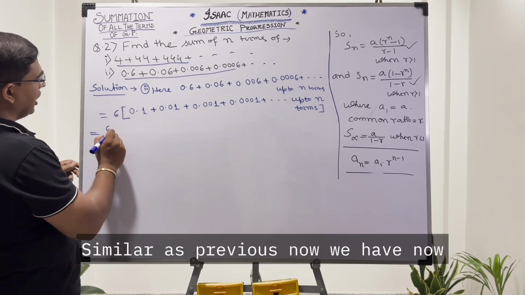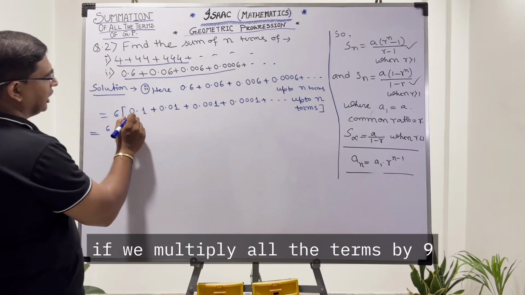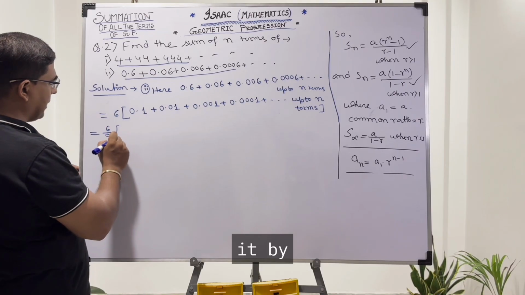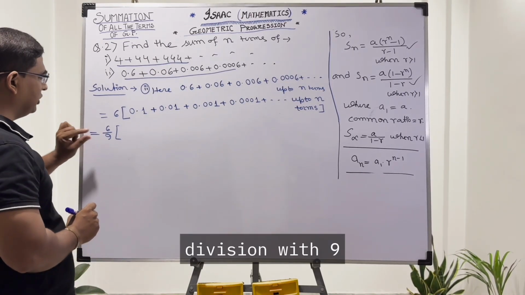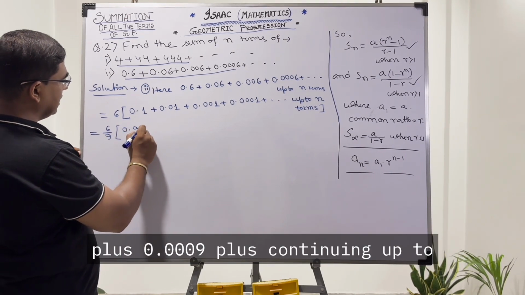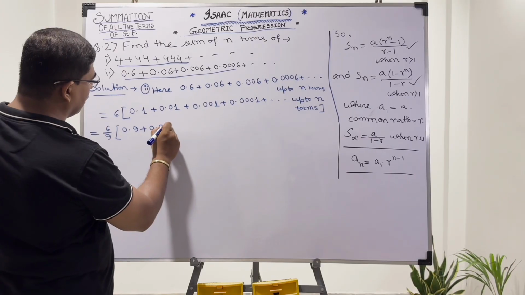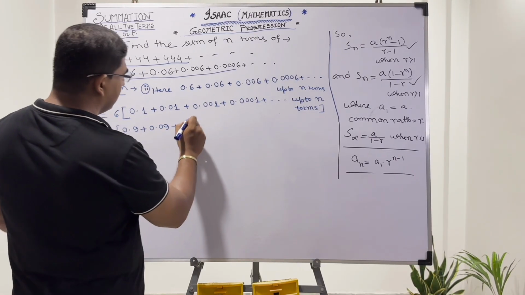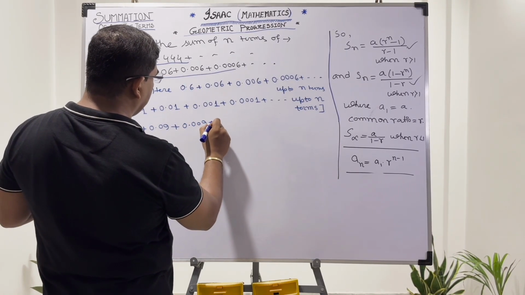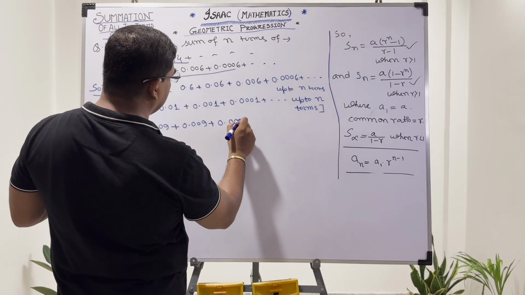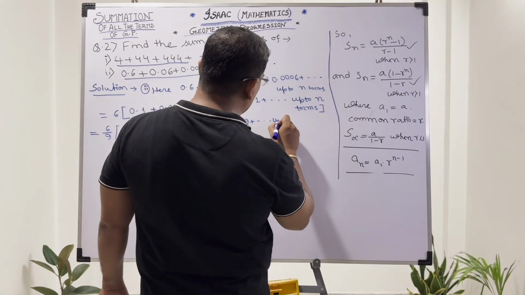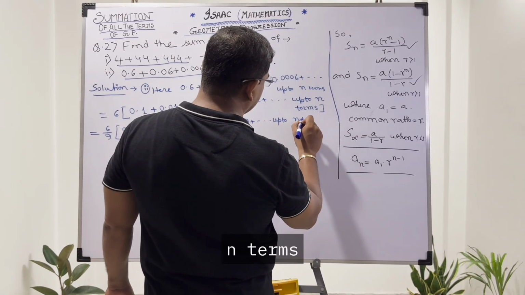Similar to the previous one, if we multiply all the terms by 9 and then balance it by dividing with 9, we get 6 by 9 into 0.9 plus 0.09 plus 0.009 plus 0.0009 plus continuing up to n terms.